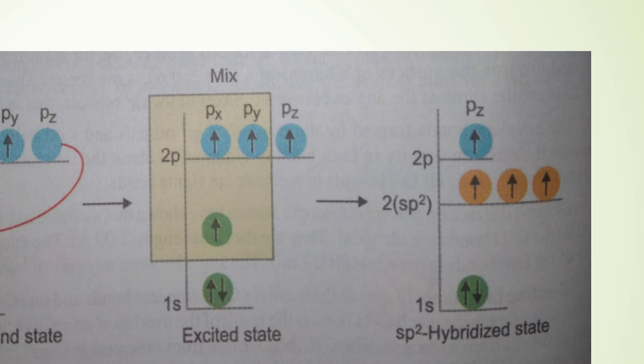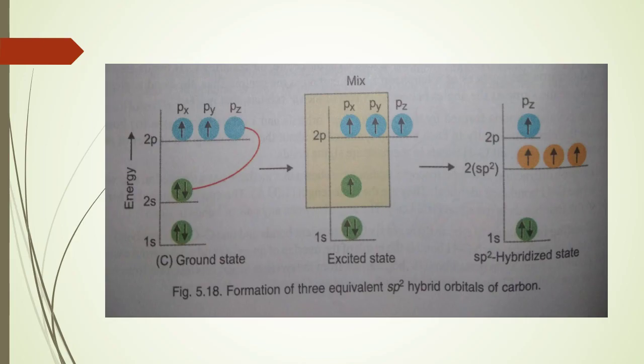The 2pz orbital has higher energy than the sp2 hybrid orbitals. This is the formation of 3 equivalent sp2 hybrid orbitals of the carbon atom.